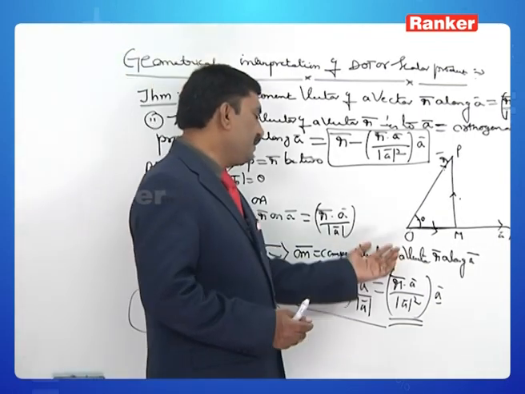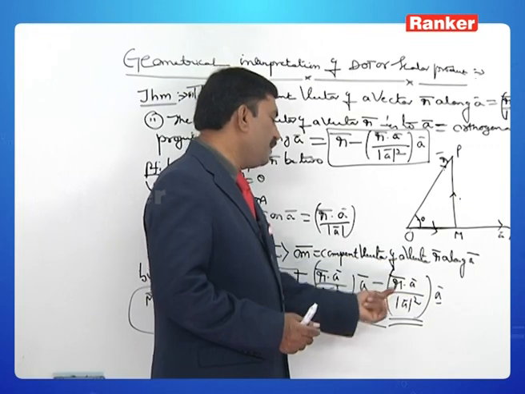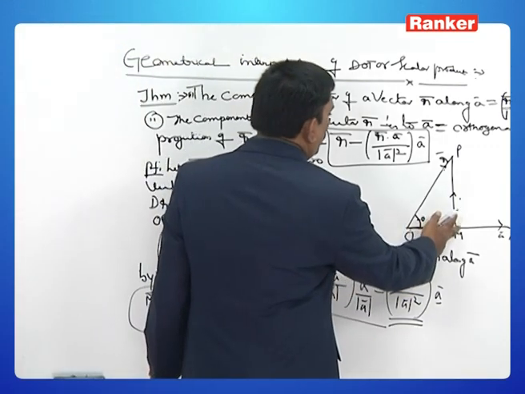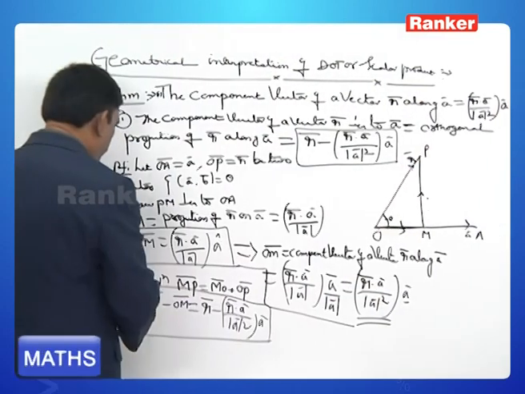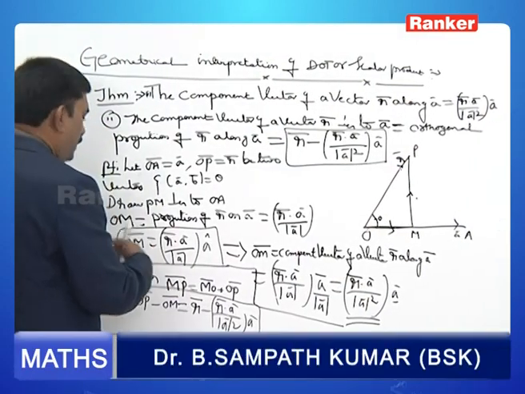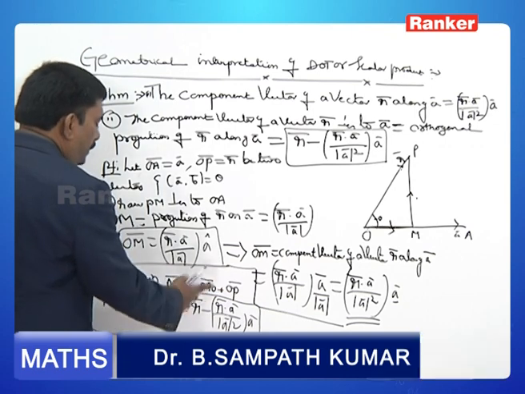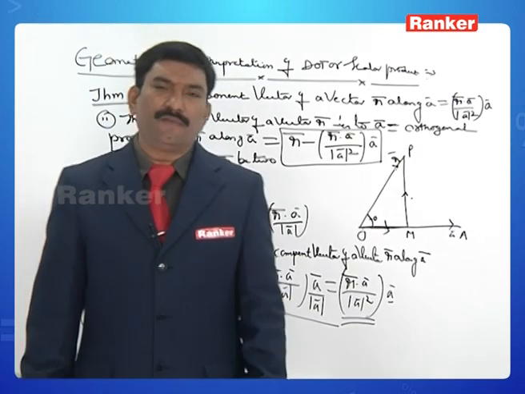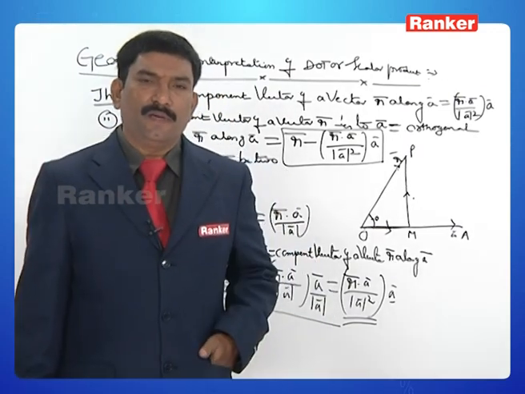This is the component vector of R bar along A bar. Next, the component vector of R bar perpendicular to A bar is MP bar. By vector addition, MO plus OP, then substitute. This gives the orthogonal projection, or component vector of a vector R bar perpendicular to A bar. Thank you.